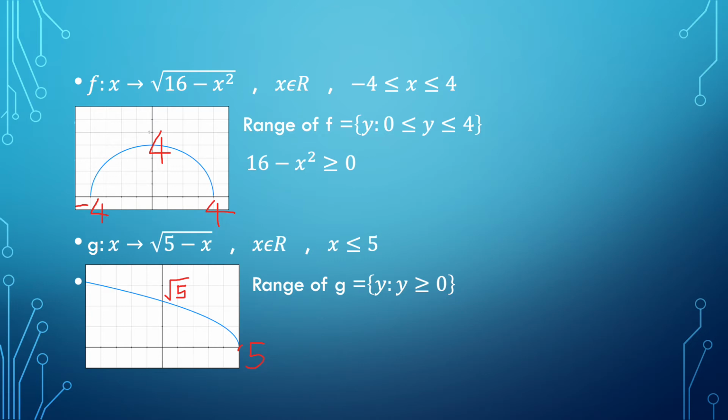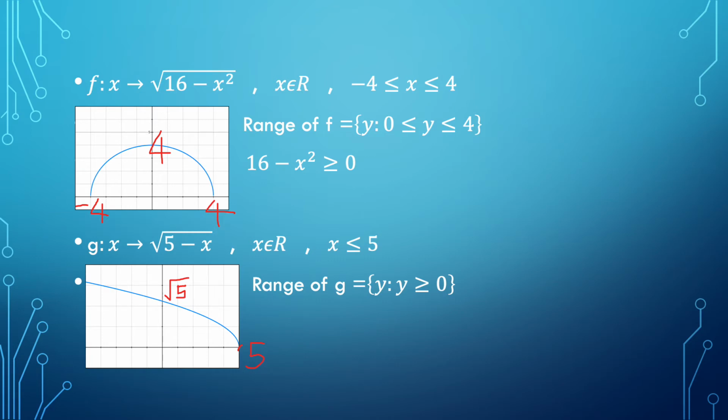We do the same process as function f to determine the domain and range of the function g. So we let the expression 5 minus x be greater than or equal to 0.